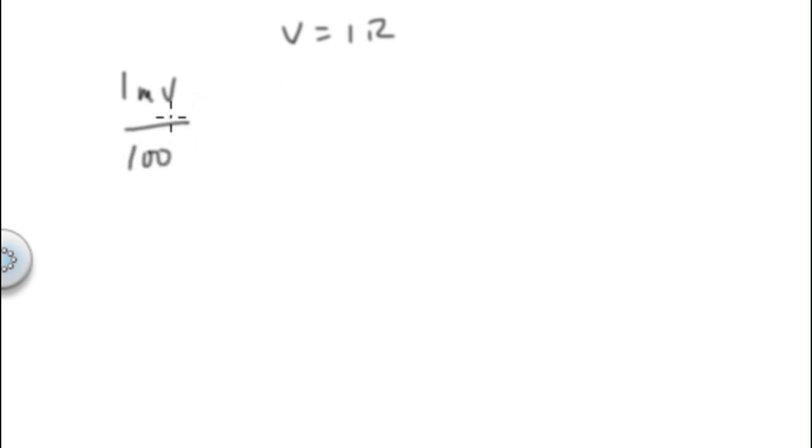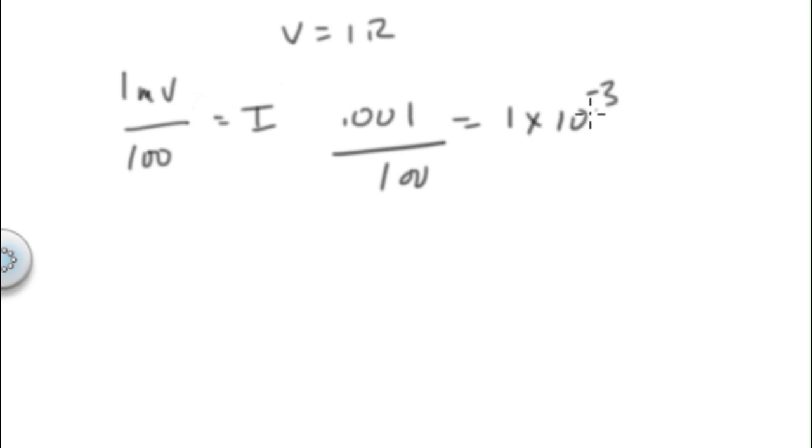So 1 millivolt, 0.001 divided by 100 is I. So that would equal 1 times 10 to the minus third divided by 10 to the 2, or 1 times 10 to the minus 5. Okay, so now we multiply that by 10K, and we multiply that by 50.